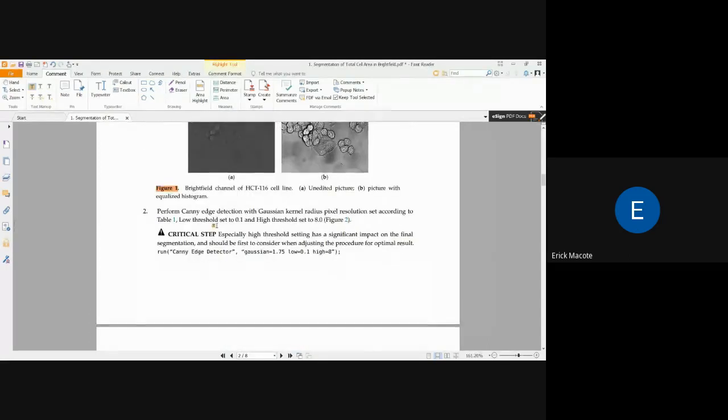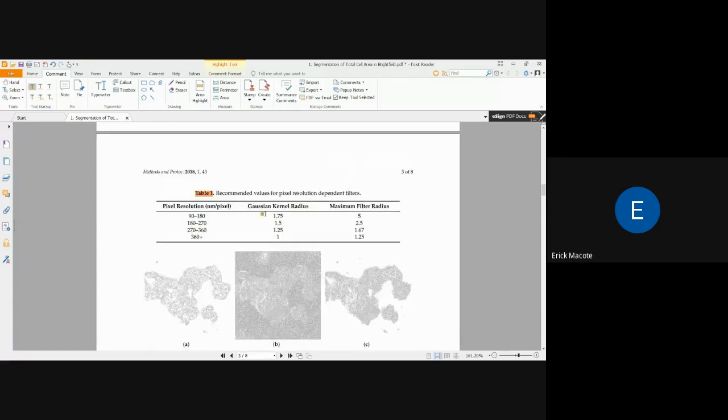The second step is to perform Canny edge detection with the Gaussian kernel radius and pixel resolution set according to Table 1. This table shows recommended values for pixel resolution dependent filters.